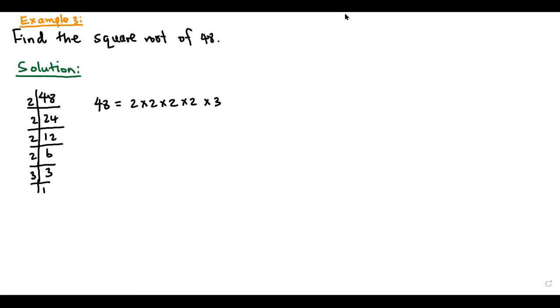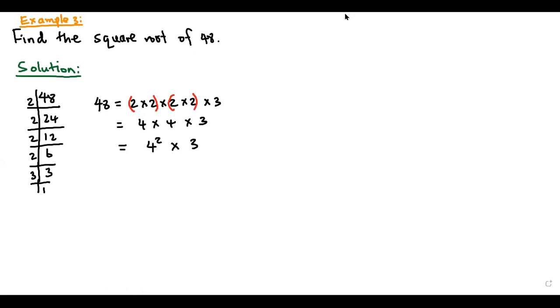So instead, what we are going to do, we are going to group these 2, because now we can get these as 2 groups, but then 3 is excluded. So we say that this is the same as 4 times 4 times 3. But then 4 times 4 means 4 squared times 3.